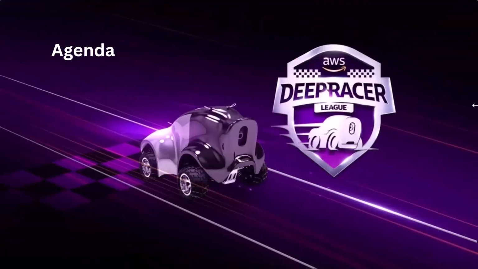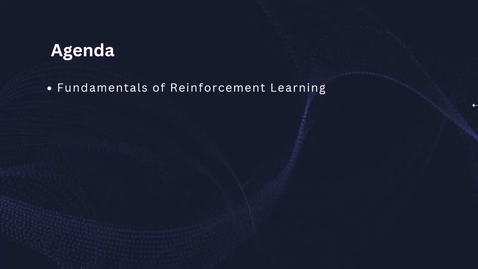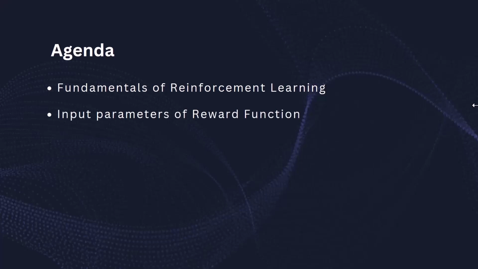So, what are we going to learn from this session? First, I will brush up on the fundamentals of reinforcement learning. Then, we will focus on learning about important parameters used in the reward function in AWS DeepRacer.